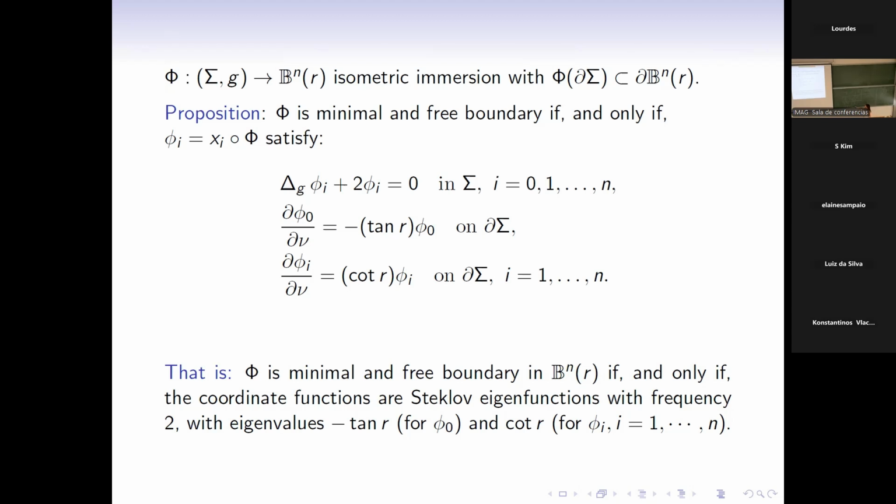And one thing that you already got for free here is that since we are working with a spherical cap here in the top, for example, we know that phi naught is positive. So it means that it's a first eigenfunction. So in this case here, we already know that sigma naught is always negative tangent of r.